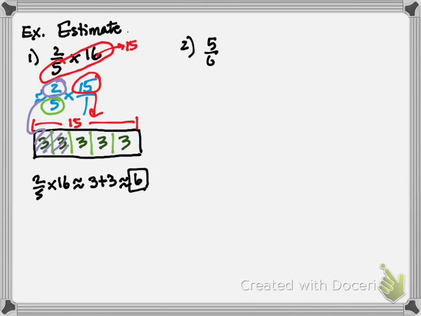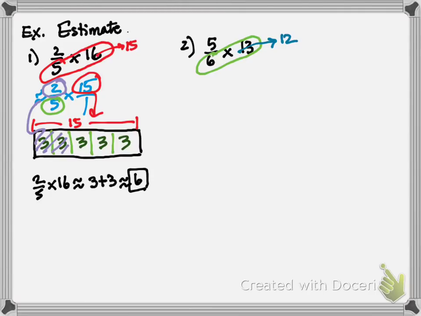Let's do 5/6 times 13. So again, where we're going to put our focus is right here, denominator to the whole number. And I want to find a compatible number for 13 that 6 can go into evenly. And that's pretty easy, that's going to be 12.